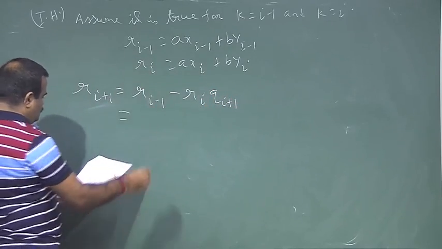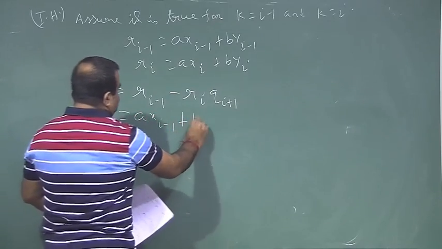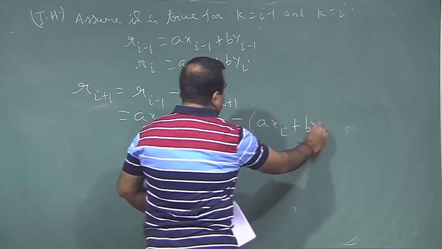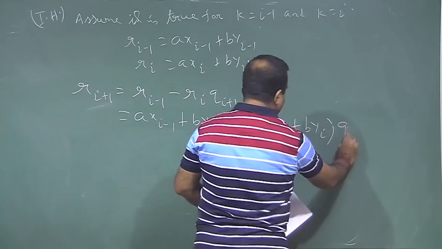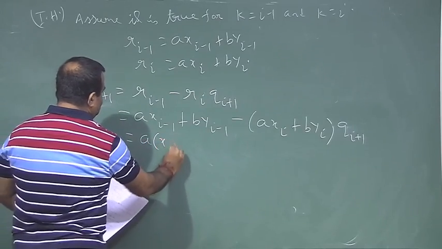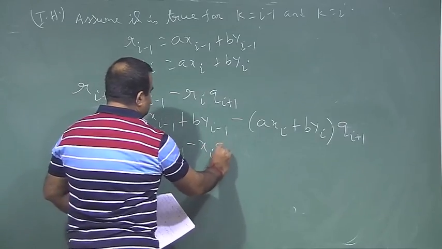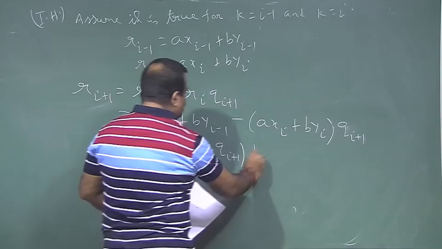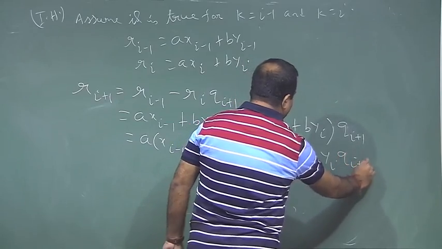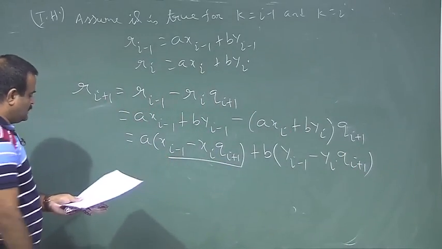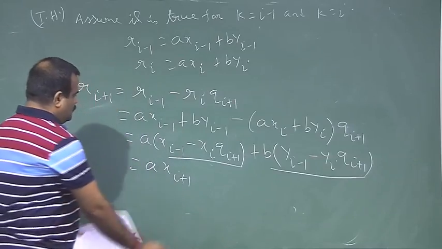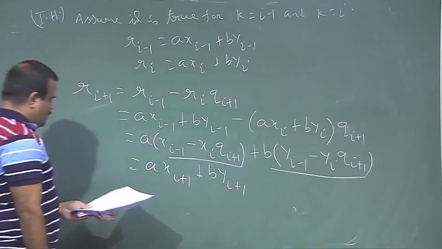Now we put in the values: this is a x_{i-1} plus b y_{i-1} minus (a x_i plus b y_i) q_{i+1}. We can write this as a (x_{i-1} minus x_i q_{i+1}) plus b (y_{i-1} minus y_i q_{i+1}). Now, this is basically x_{i+1} and this is basically y_{i+1}.